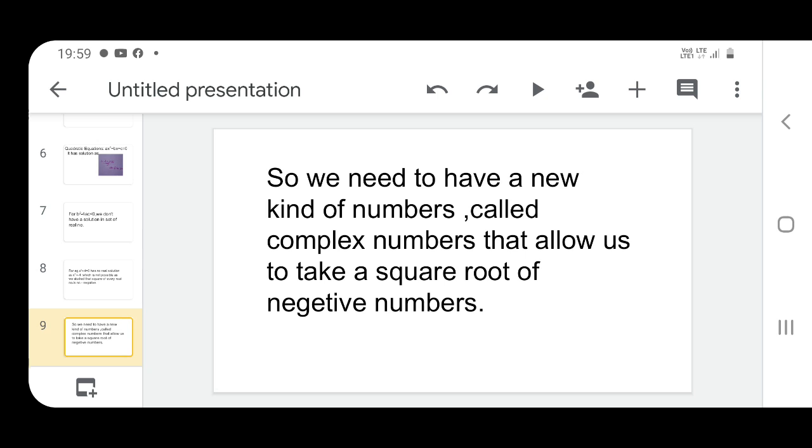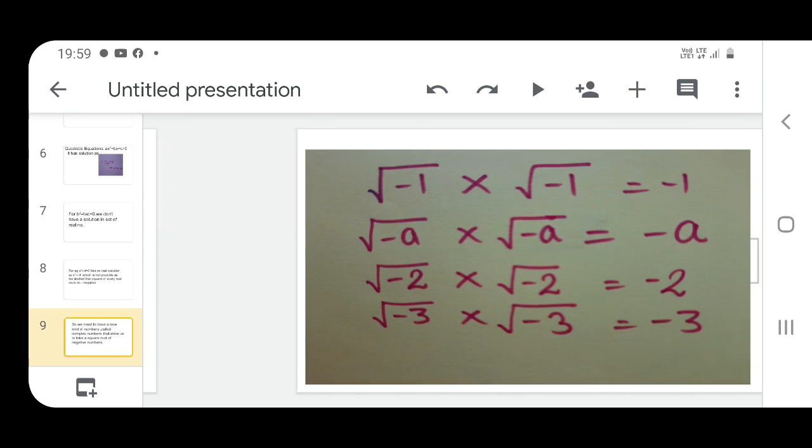So we need a new kind of number. We need to introduce a special kind of number that is called a complex number. A complex number allows us to take the root of negative numbers so that we can get a solution of the given quadratic equation.